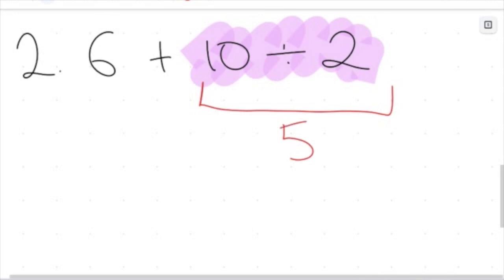That gives me 5. And then to that, I am going to add my 6. So based on the order of operations, what we talked about in the last example, my division has to go first. And now when I add these two things, because I'm adding last, 6 plus 5 gives me 11. Coincidentally, the same answer as the question before.